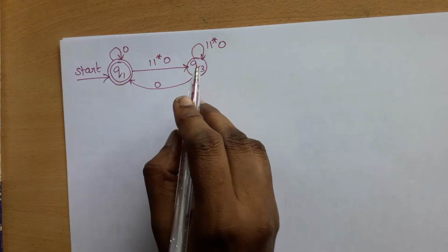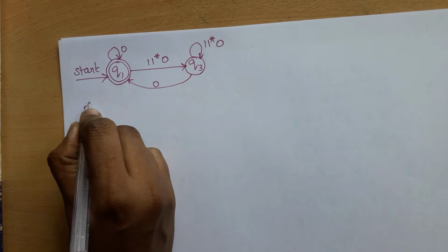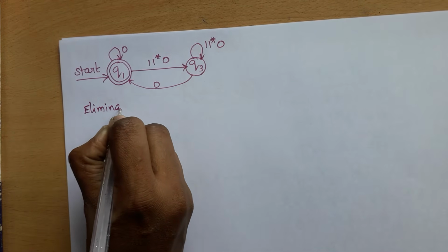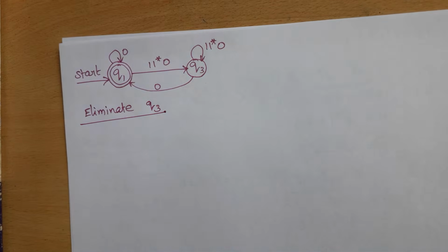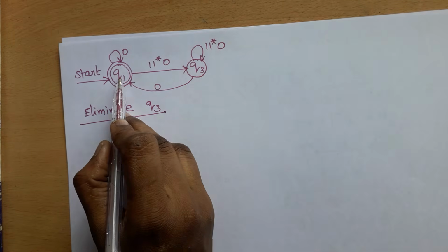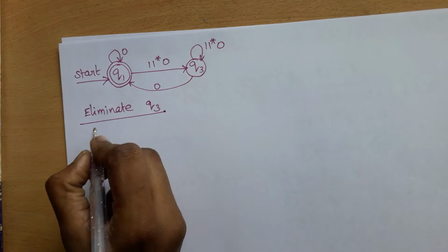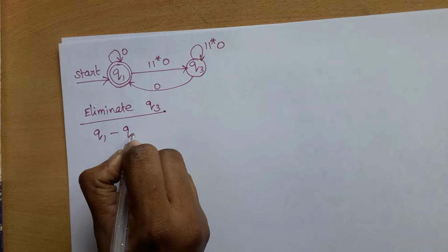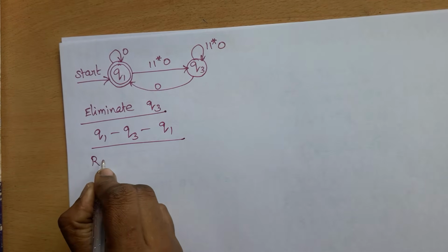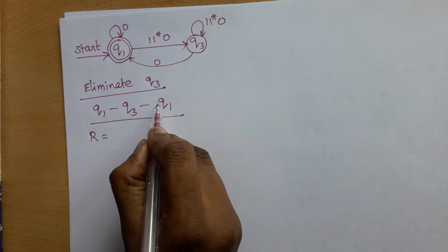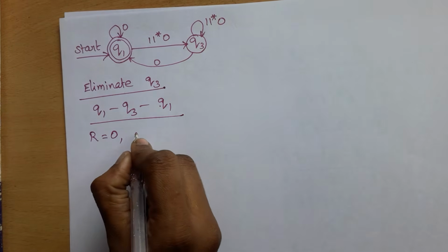Now we need to eliminate state Q3. Here there is only one path, Q1, Q3, Q1. So what is R here? R is Q1 to Q1, so 0.